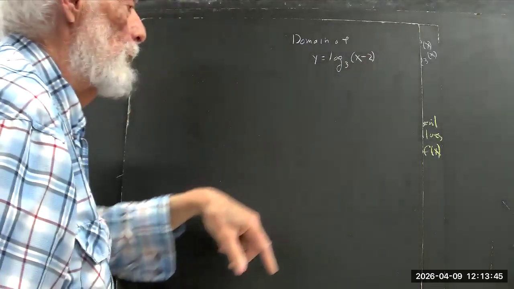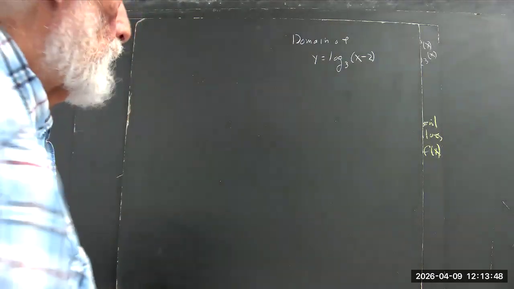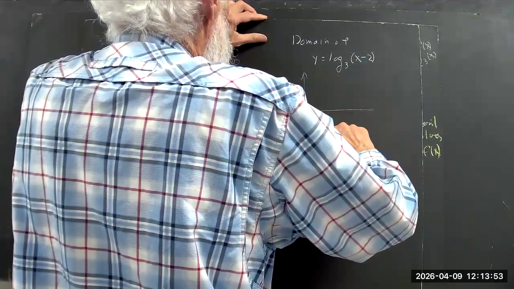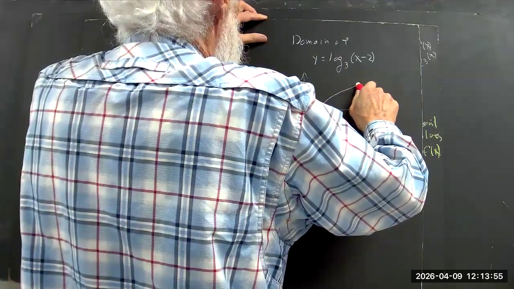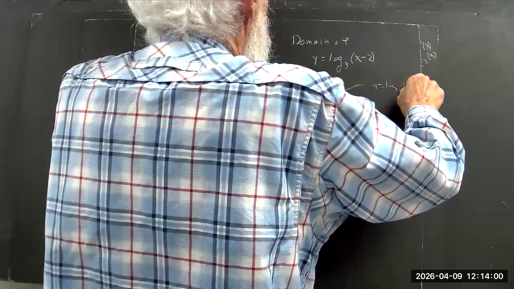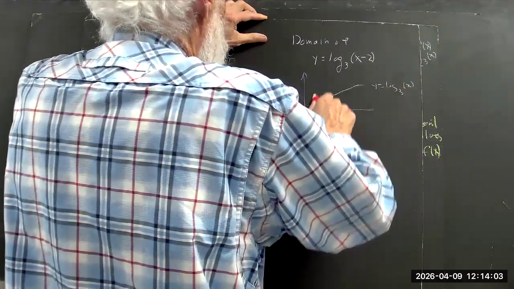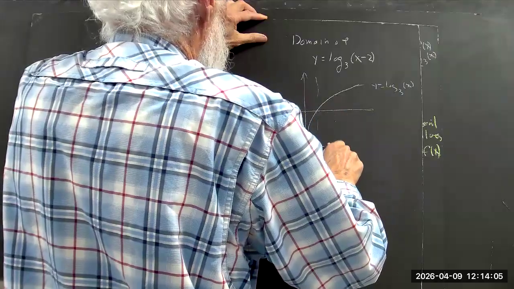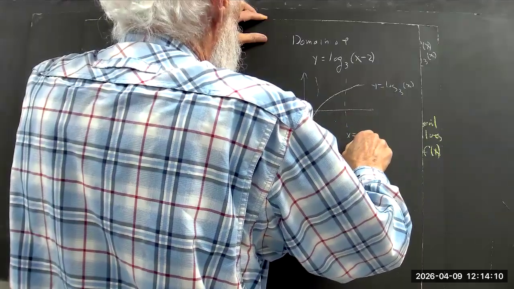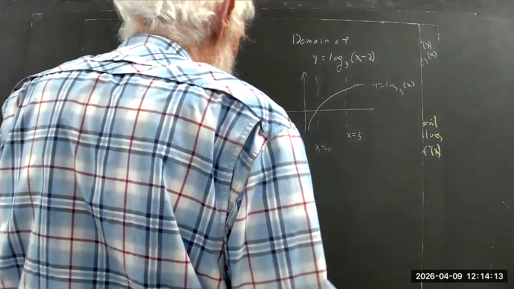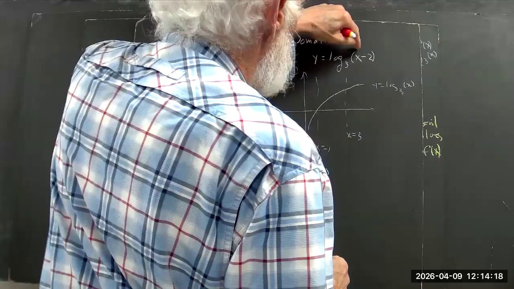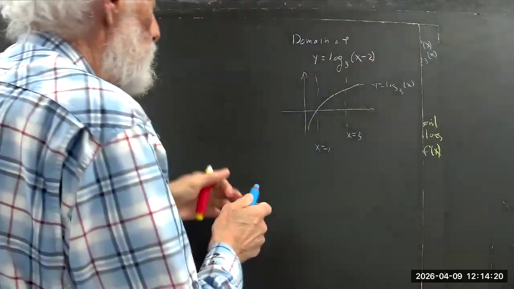What's the domain of y equals log base 3 of x minus 2? You remember the graph that we constructed? Y equals log base 3 of x. If x equals 1 here, and x equals 3, maybe about here, then log base 3 of x minus 2 shifts to the right 2 units.